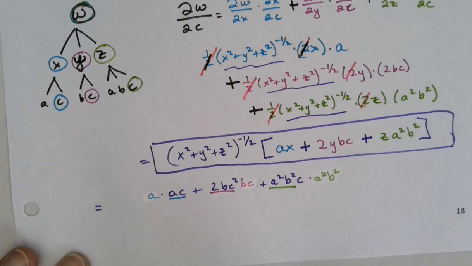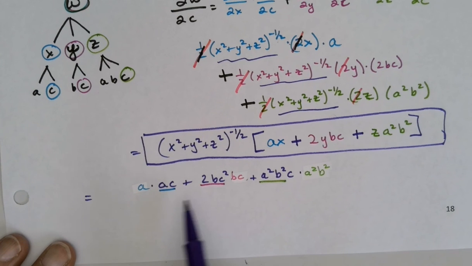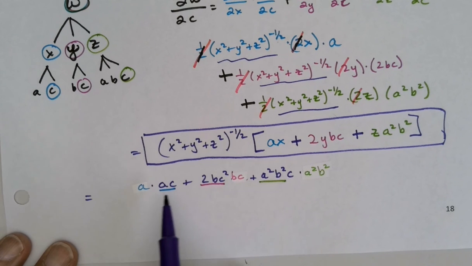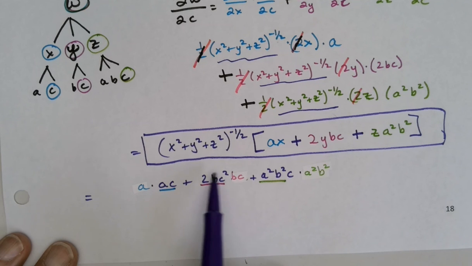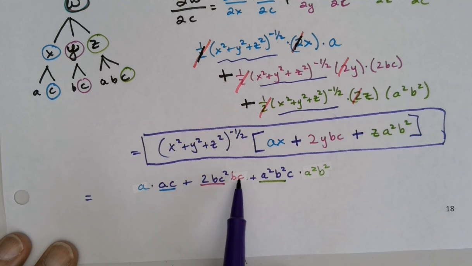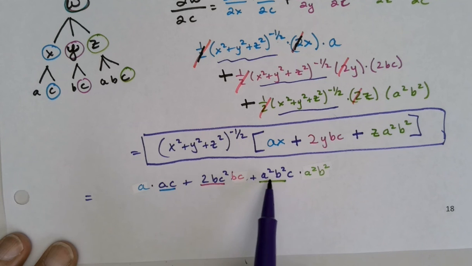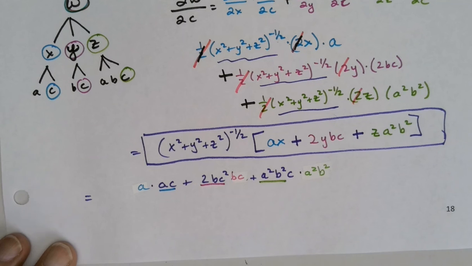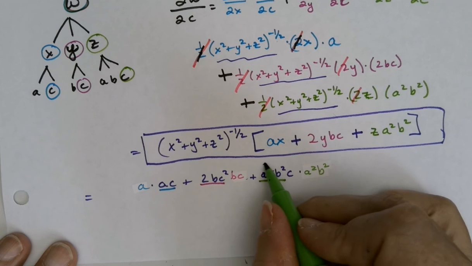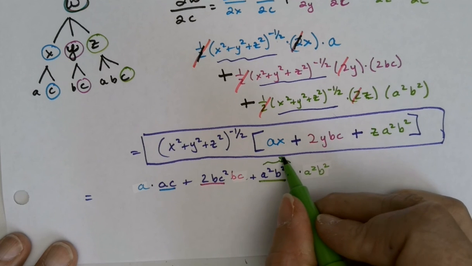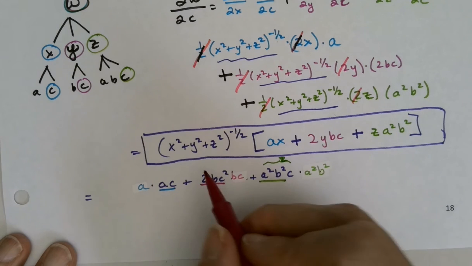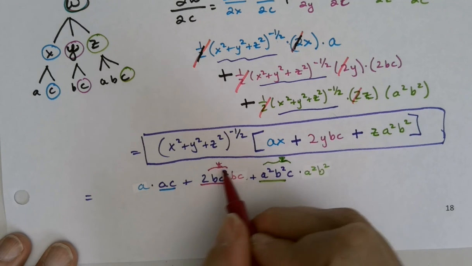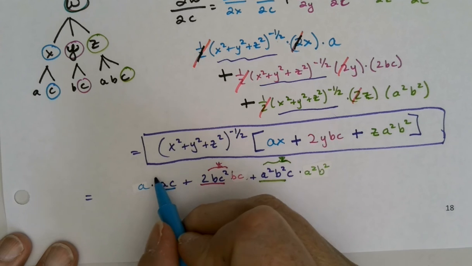I just redid them in colors to help you. That a right there becomes that a right there, and ac is what's standing in for your x. Then there's the 2 and the y, and the bc that was sitting there anyway. And then there's the z, and the a squared b squared right from there. So this was z, this was y, well, 2y really, and this is x.